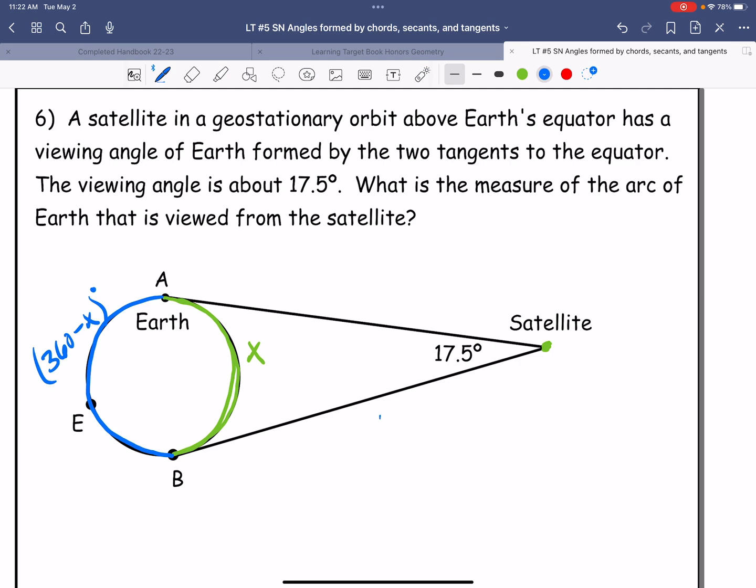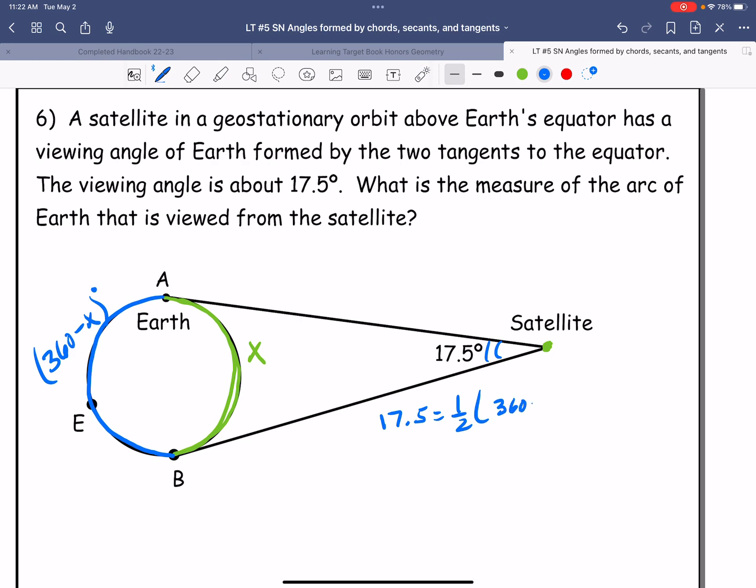So we say that 17.5, our angle, is equal to half the difference. And the difference is going to be 360 minus x, minus the interior arc x. So this is the inside arc, and this is the outside arc.